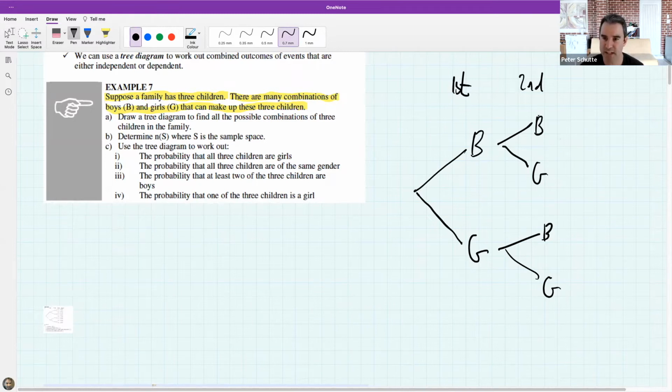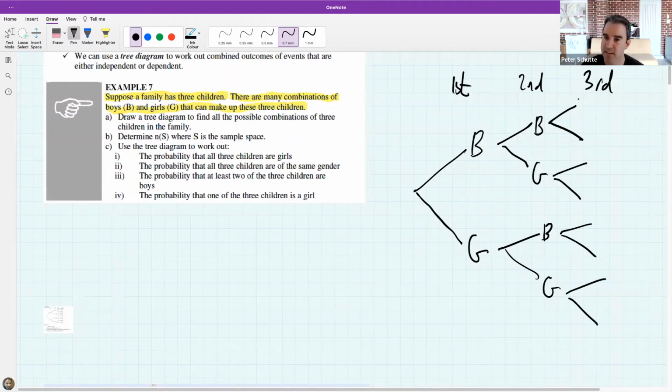Now, am I finished drawing my tree diagram? No, there is a third child. So that would look like another branch on the tree. And so it would look like that. And again, I just go BG, BG, BG, BG. Okay, now, how many possible outcomes are there for having 3 children based on what you see in this tree diagram?